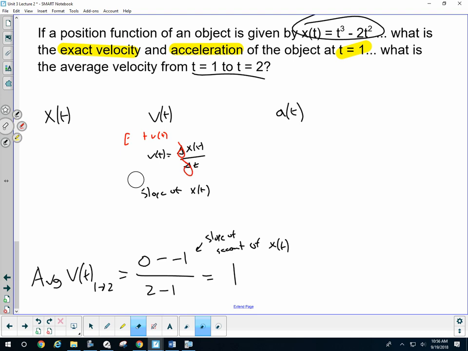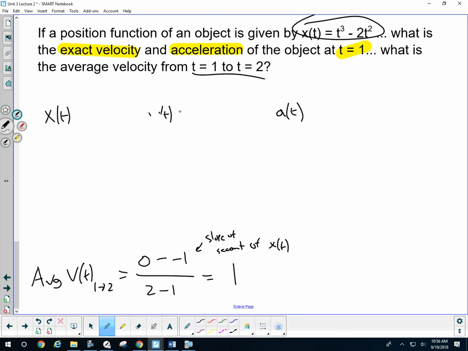And that creates this nice little one leads to the other thing, which is going to be used often. X prime of t is equal to v. The slopes of the tangents of my position function will give me my exact velocity. If I want to look at acceleration, well, average rate of change of velocity gives us average acceleration.